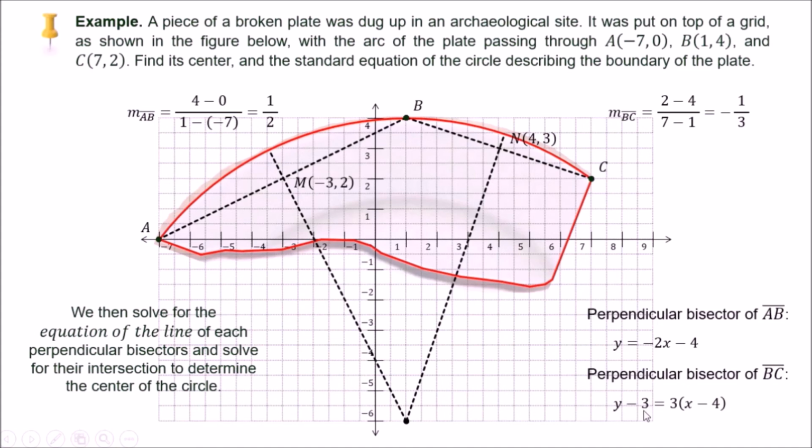And again, y sub naught and x sub naught would be the coordinates of the midpoint N. Simplifying, we'll have y minus 3 equals 3x minus 12. Then solving for y equals 3x minus 12 plus 3. Finally, we'll have y equals 3x minus 9.